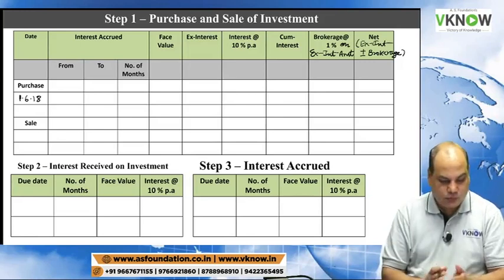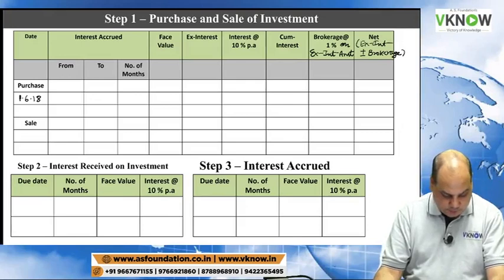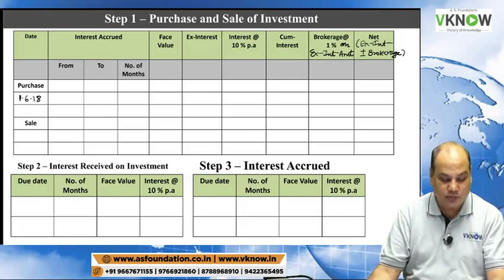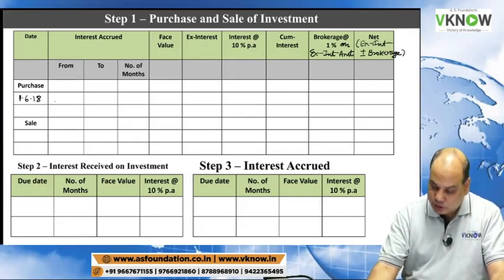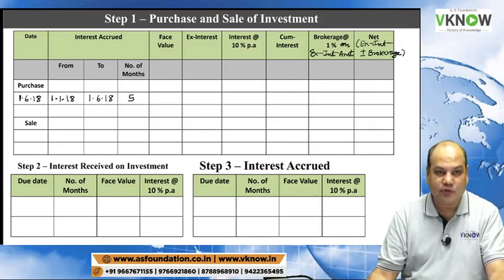1/6/18. The date of purchase is 1/6/18. Interest due date is 30th June and 31st of December. So interest will accrue from 1st January 18 to 1st June 18, and that is 5 months.